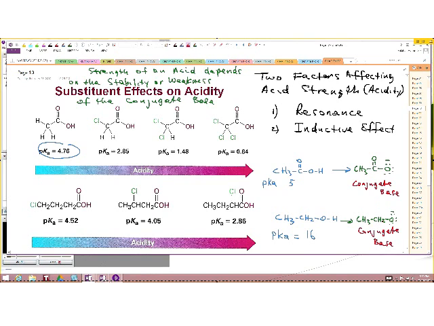Therefore, it is more stable than the conjugate base from ethanol, because you cannot stabilize that one by resonance. Another way to put it is that the conjugate base of acetic acid is weaker than the conjugate base of ethanol. So therefore, you guys know how to write the resonance for this, right? We could write resonance for this.